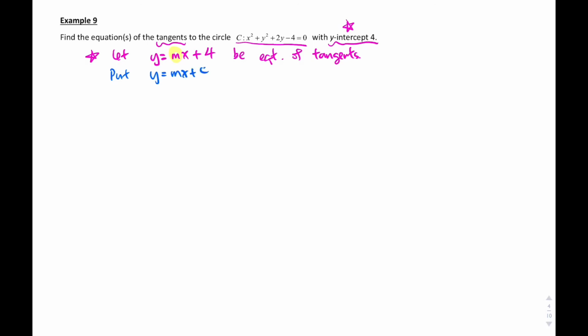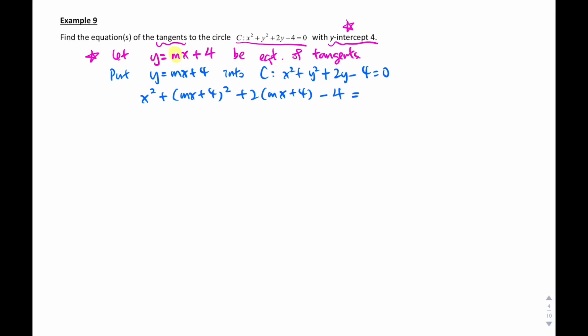Similarly, we put the equations of tangents into the equations of circle C. And here we have x squared plus y squared plus 2y minus 4 equals 0.